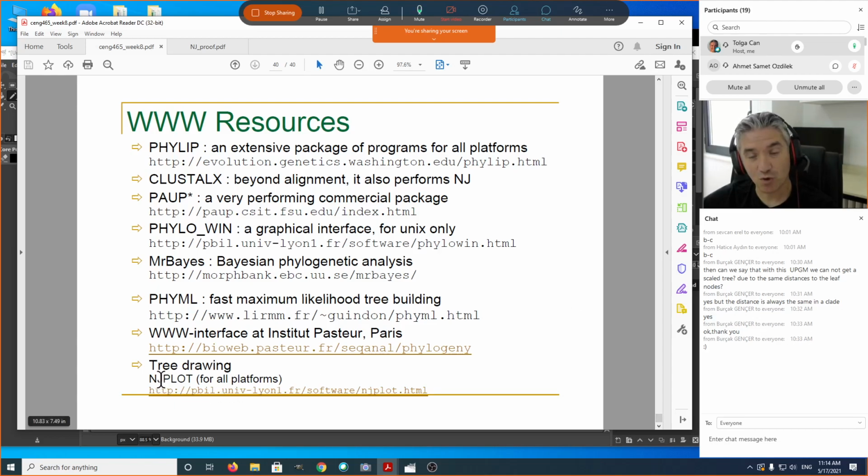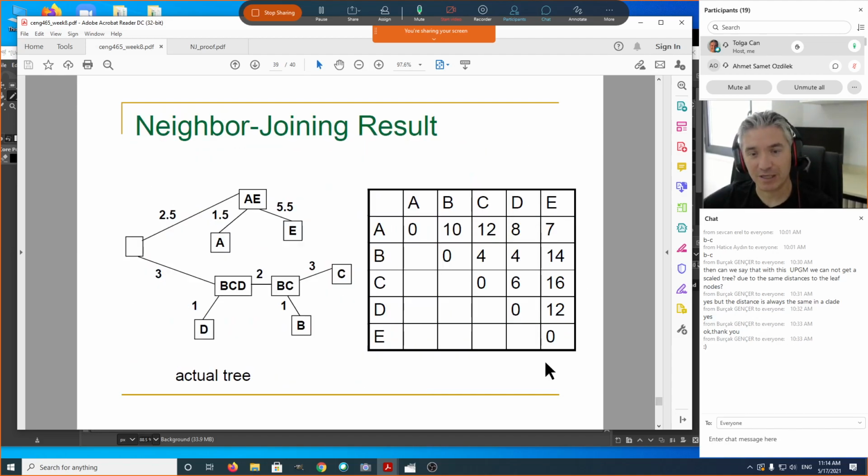There are also tools to visualize the final constructed trees. But let's start with this. As I said, as time permits, I may do more than one iteration. Let's start with how we proceed with this neighbor joining algorithm given a matrix like this.